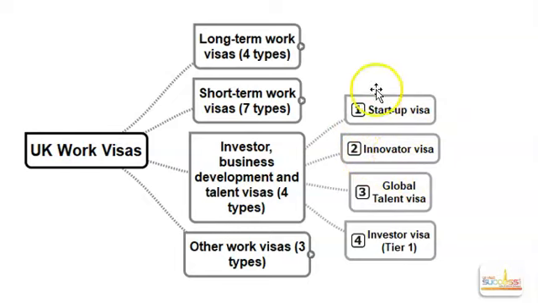For both routes, actually for 3 routes, you will need to have an endorsing body. This one is the child of the tier 1 exceptional talent. And then we have the last one. This is a points-based system application, and this is called a tier 1 investor route for someone who wants to invest over 2 million into the UK economy.